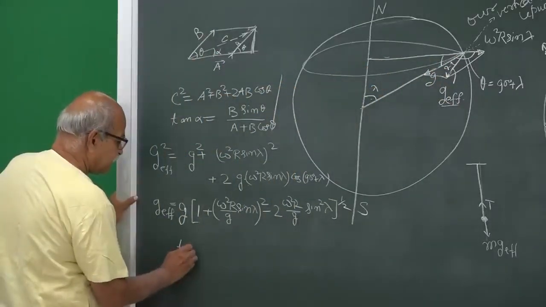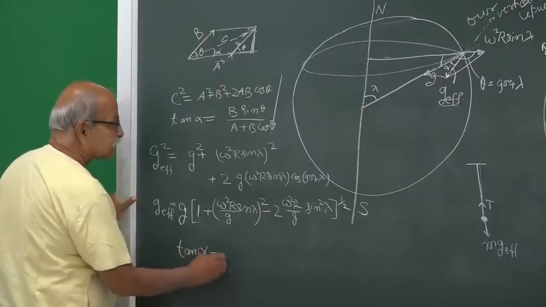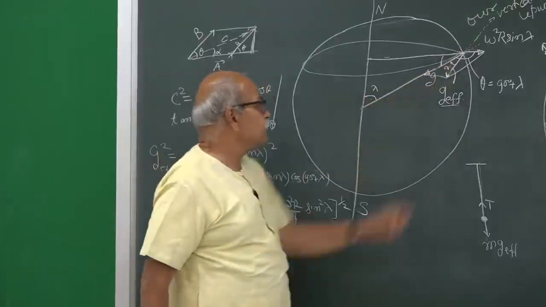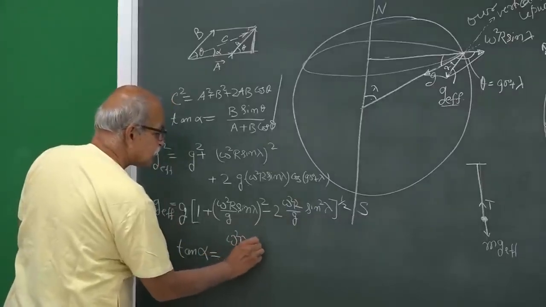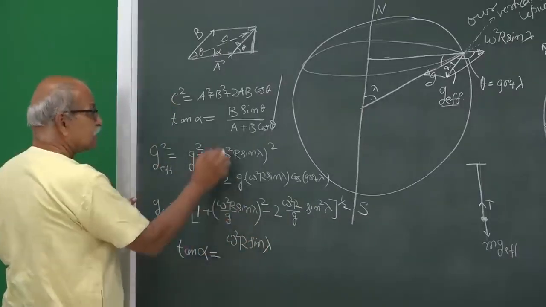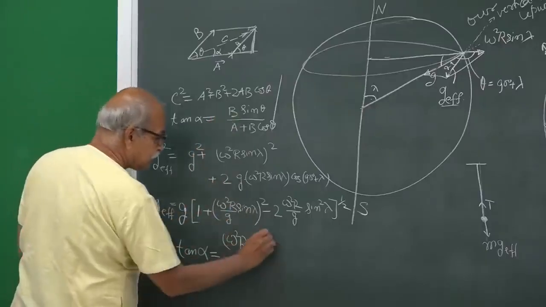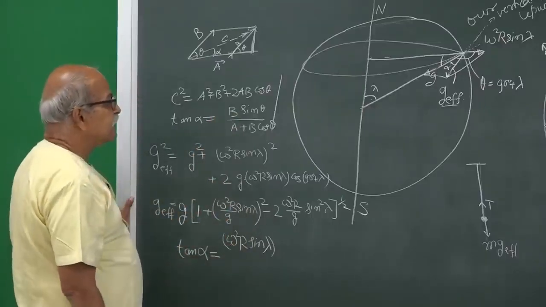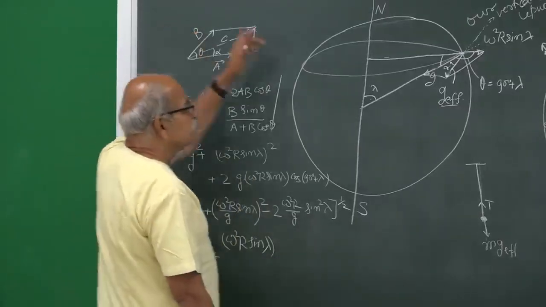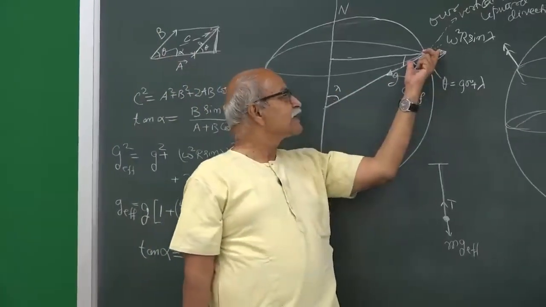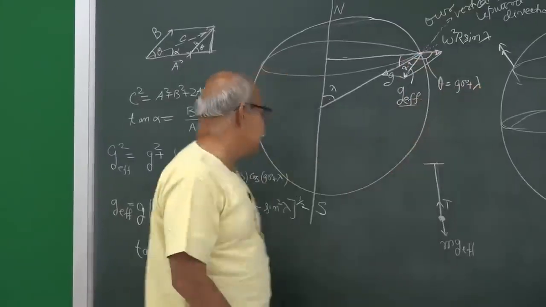So, tan alpha will be the other vector omega square r sin lambda, it is this B, and then multiplied by sine of theta. Theta is the angle between A and B. So, theta is the angle between these two vectors, which is 90 degree plus lambda.